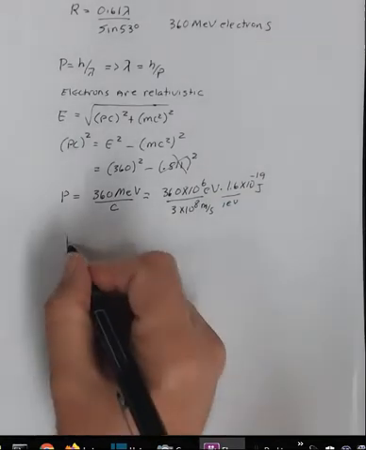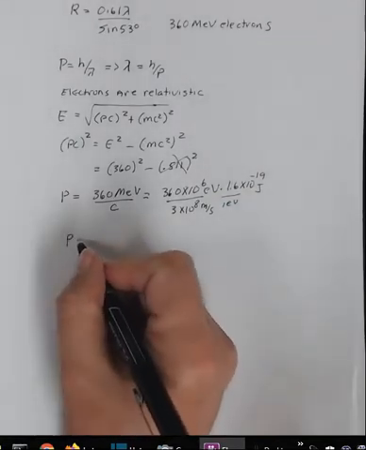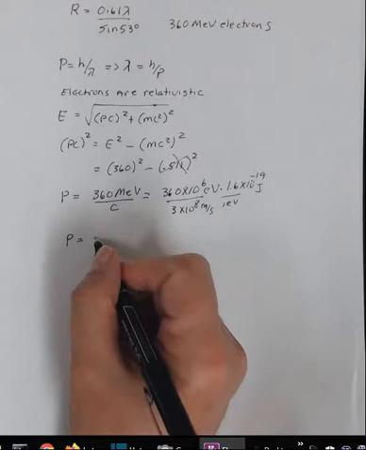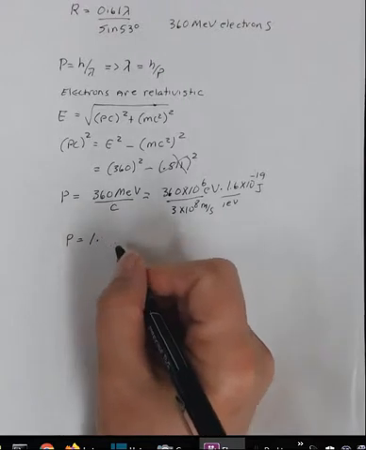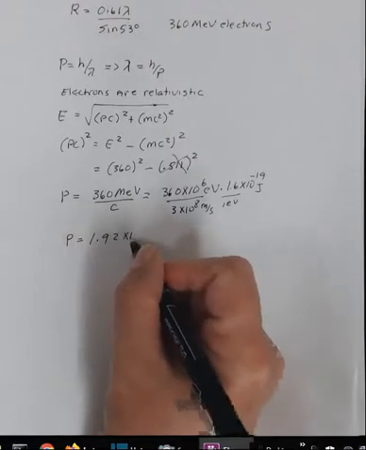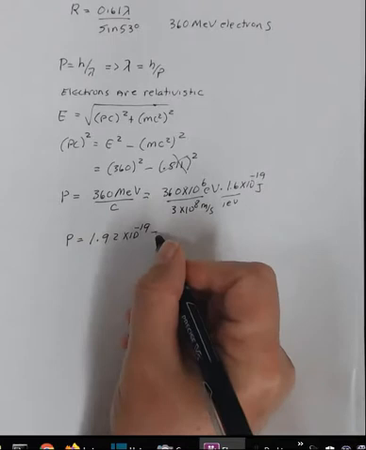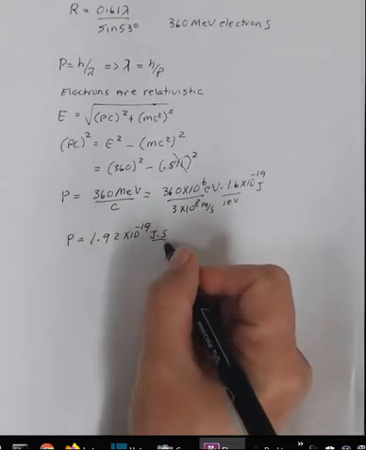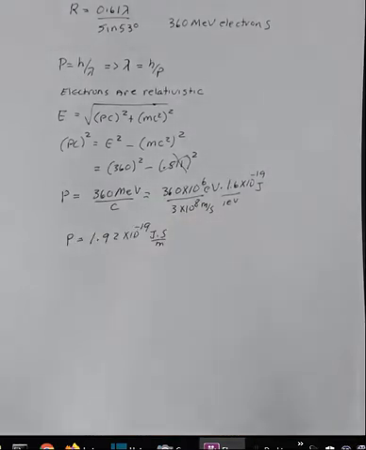So this will give me a momentum in kilograms times meters per second. And when I stick it in my calculator, I get 1.92 times 10 to the negative 19 joules per... over meters per second, which is a kilogram meters over second.